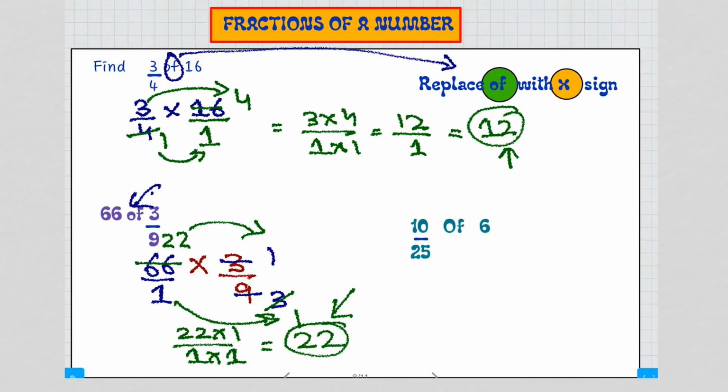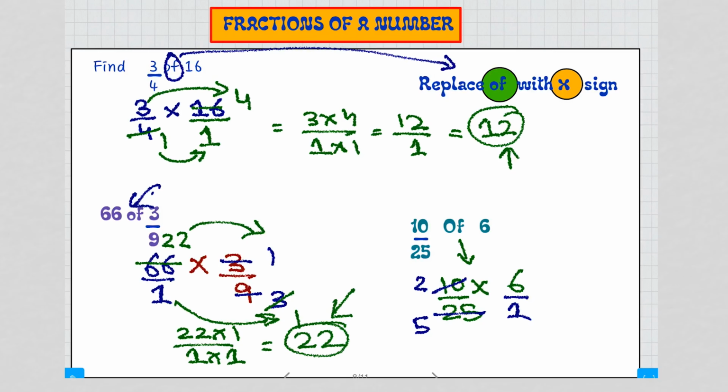Now on to the next question, 10 over 25 of 6. Same, change of sign into times 1, 10 over 25 times 6. We know that 5 times 2 is 10, and 5 times 5 is 25.